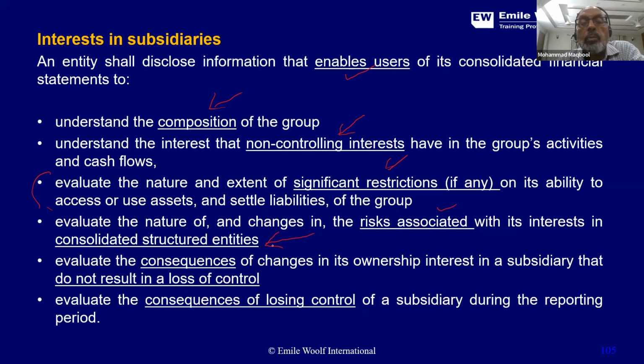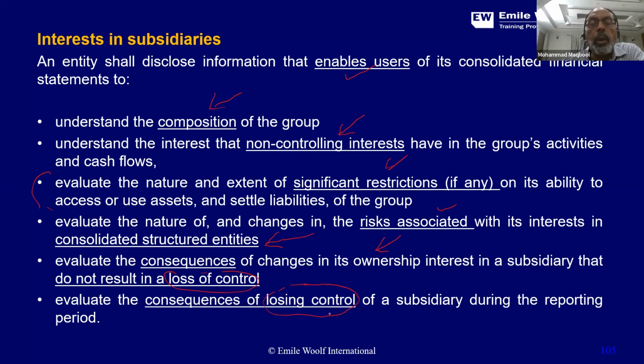Evaluate the consequence of change in the ownership, like you go from 80% to 60% or 40%, right? So this has to be disclosed. Or are you going up from 40% to 70%? And we are talking about the reduction actually, without losing the control, or by losing the control.